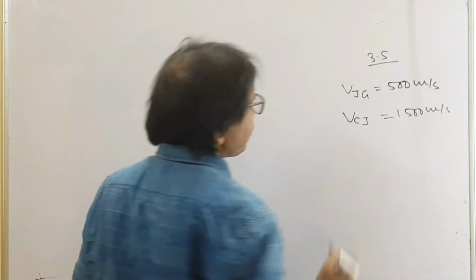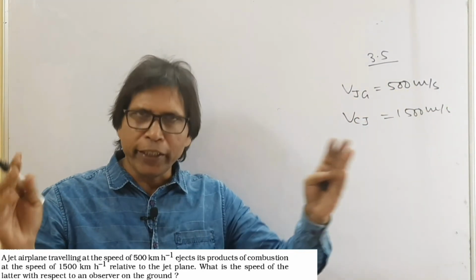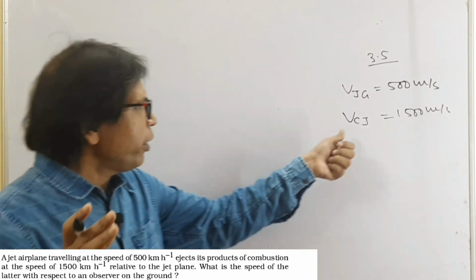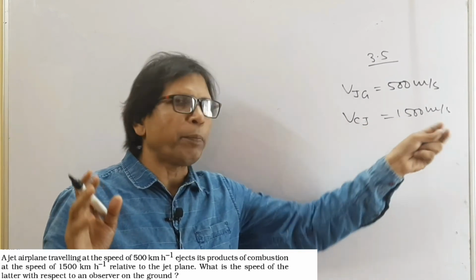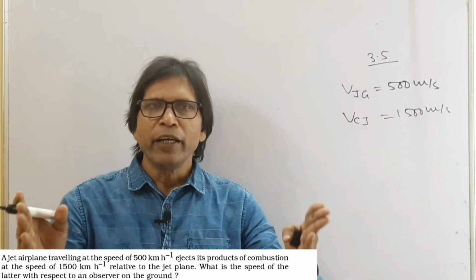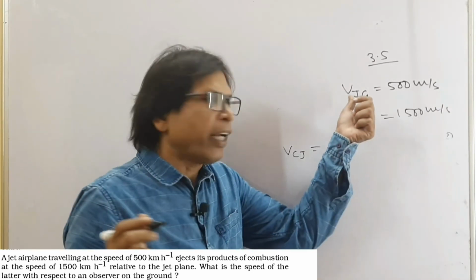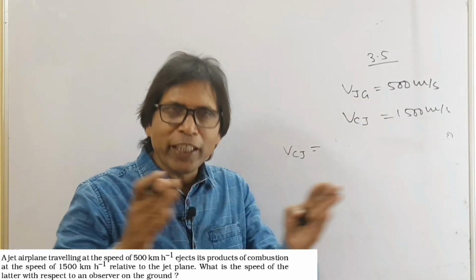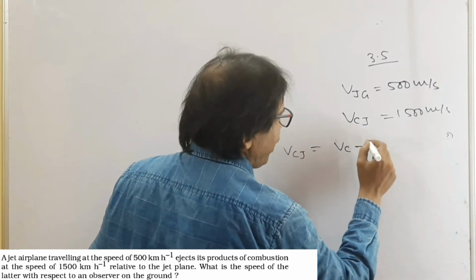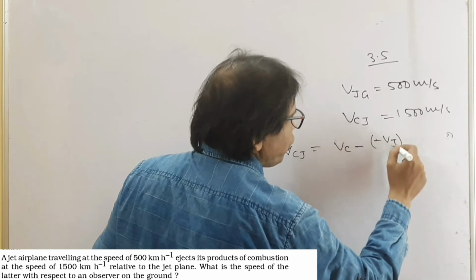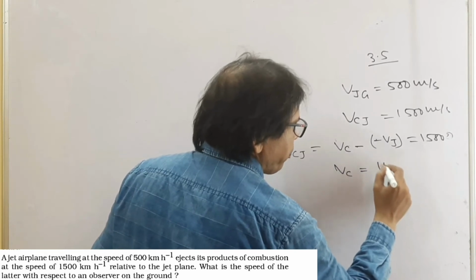Now a numerical. A jet airplane moves at 500 meter per second with respect to the ground, and the speed of the combustible gas with respect to the jet plane is 1500 meter per second. We have to calculate the velocity of the combustible gas with respect to the ground. The jet plane and combustible gas are moving in opposite directions. So VCJ is equal to VC minus VJ, and this equals 1500.